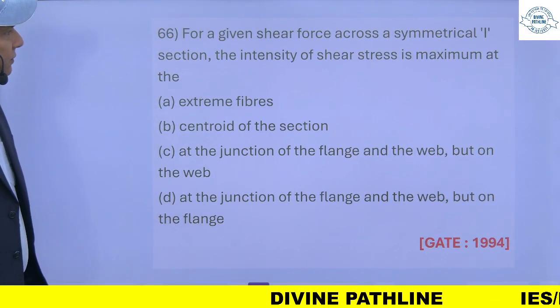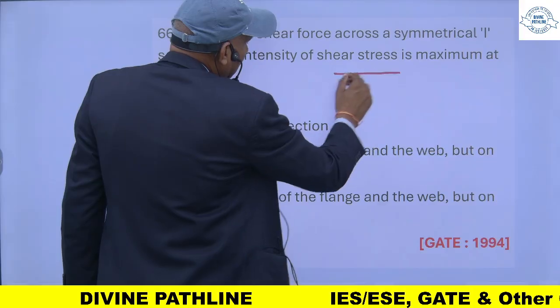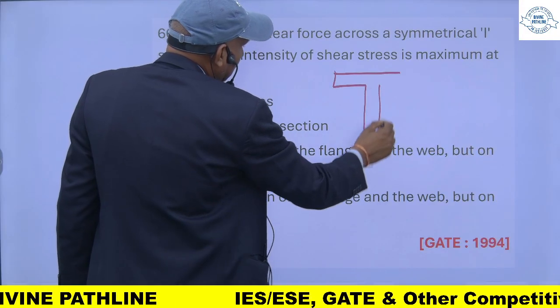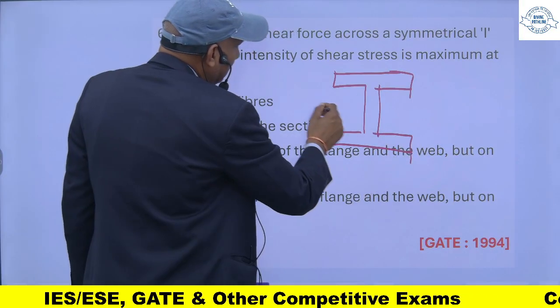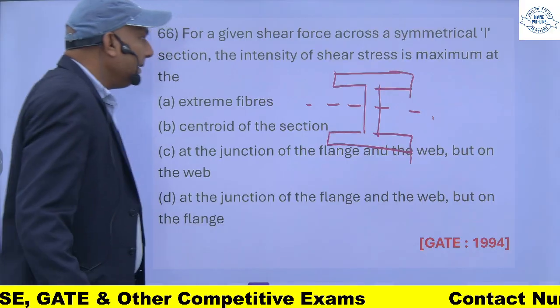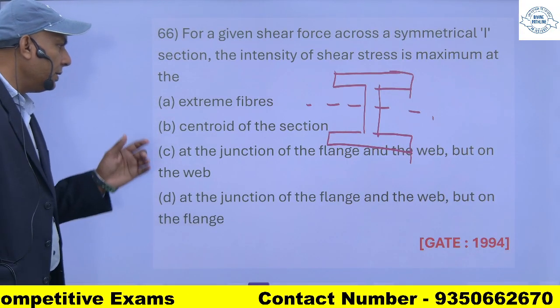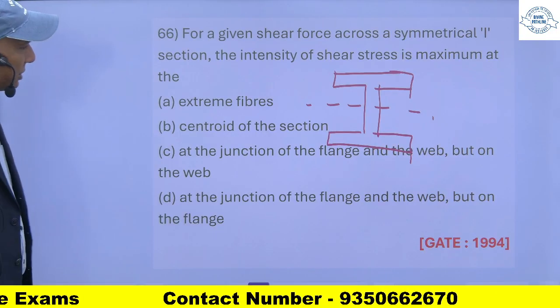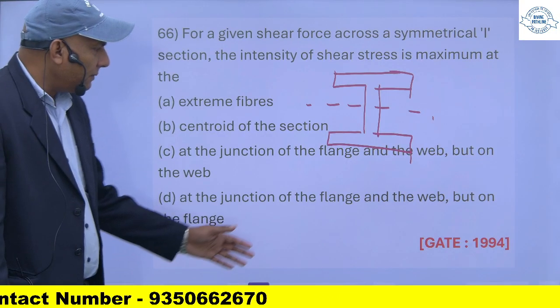For a given shear force across a symmetrical I section, the intensity of shear stress is maximum at: the extreme fiber, the centroid of the section, the junction of the flange and the web.